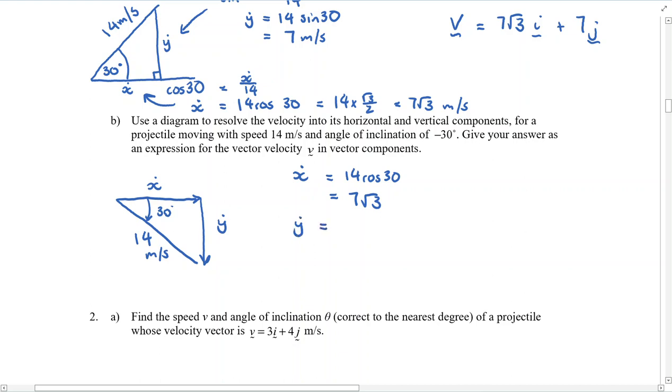I just have to make it a negative 14 sine 30, or you could go straight to negative 7 because we've done that calculation before. Same numbers, just negative on that y direction because we're going down instead of up. It's the only difference. So to write it in vector form, v equals 7 root 3 i and minus 7j.